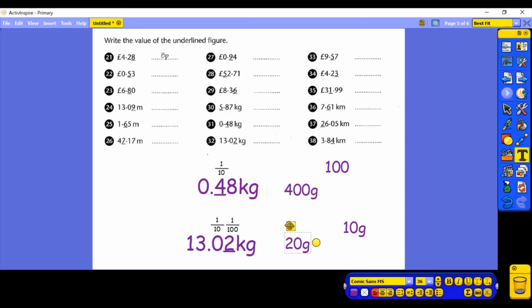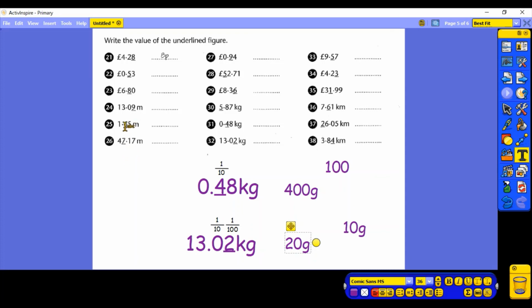Okay. Now, it does depend on what your unit is as to whether it's hundreds or tens and the places that you've got here. Because for centimeters and meters, there are only 100 centimeters in a meter, not 1,000.